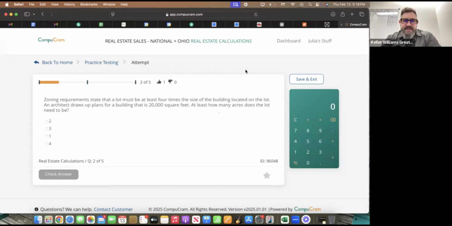Zoning requirements state that a lot must be at least 4 times the size of the building located on the lot. An architect draws up plans for a building that is 20,000 square feet. At least how many acres does that lot need to be?